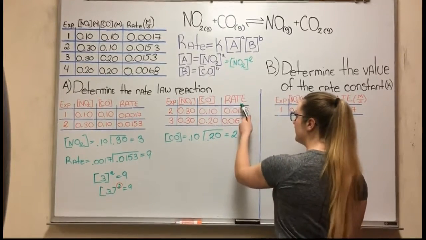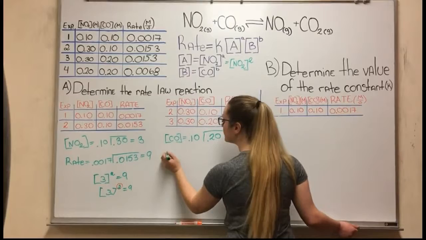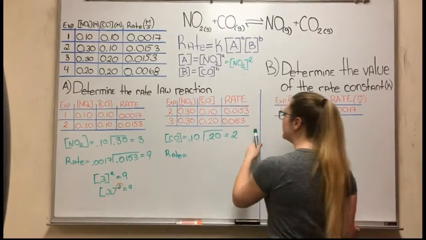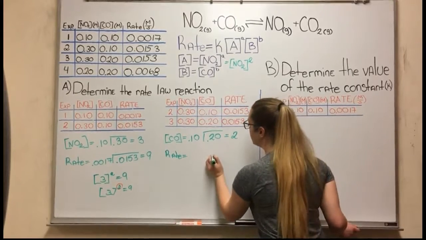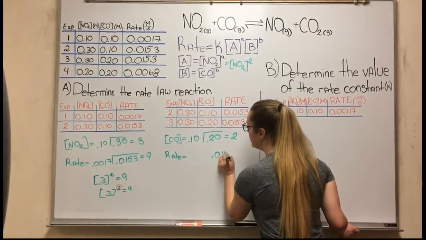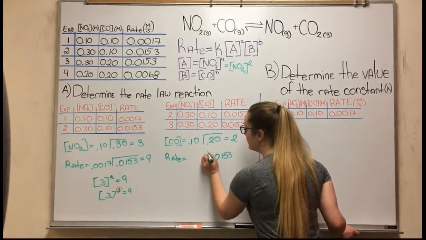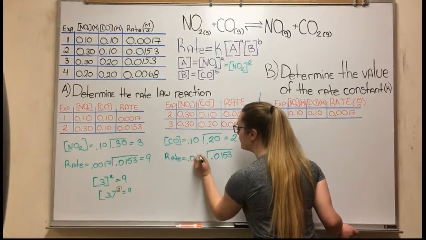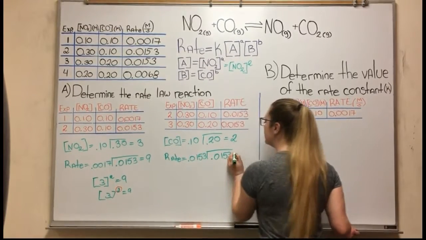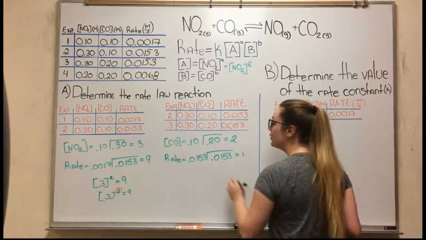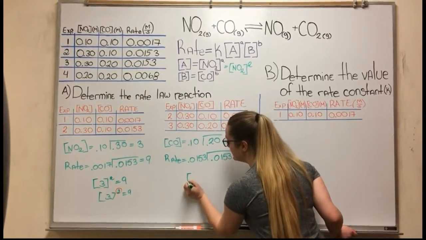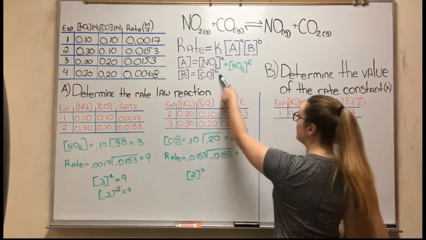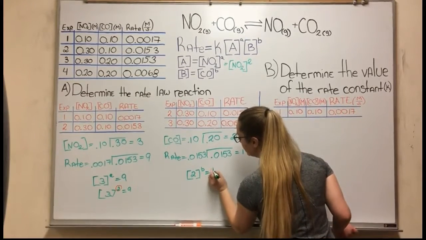Then you're going to look at the change in rate. You're going to do this by dividing your second experiment, which is 0.0153, by your first experiment, which is 0.0153, which will give you a factor of 1. So 2 to the B order equals 1.